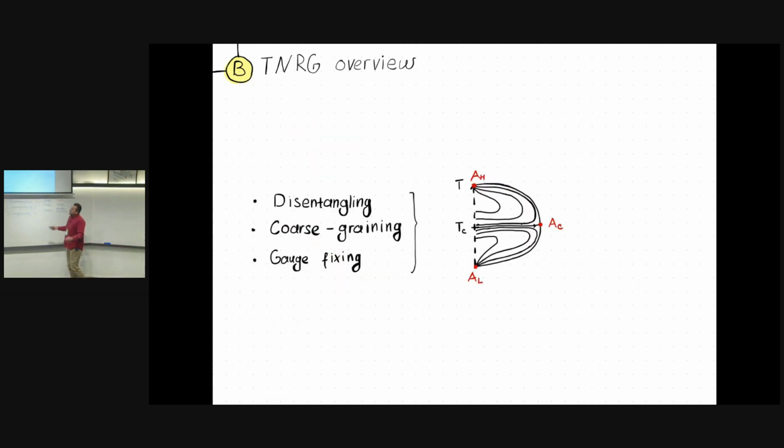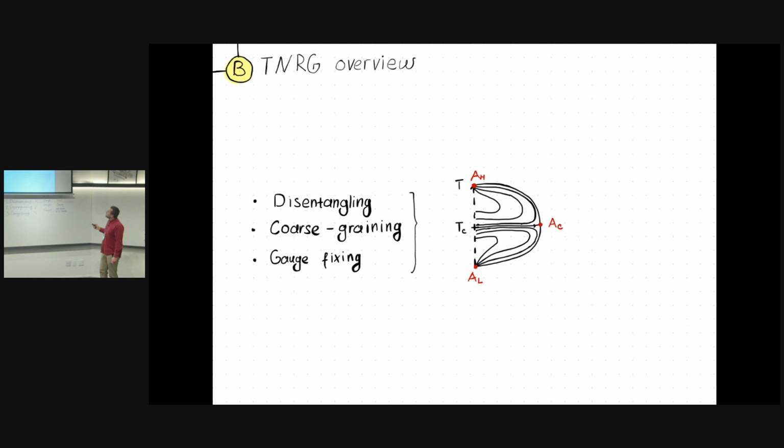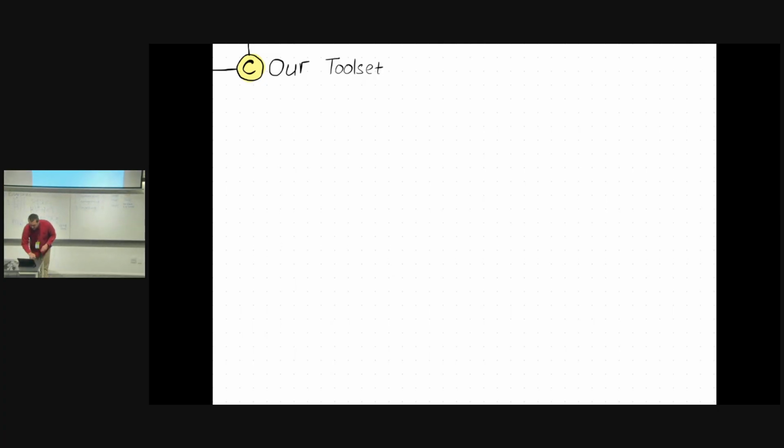But if you add disentangling and gauge fixing, all these problems disappear. But as I said, we don't have a lot of time to discuss disentangling. This is just RG step. Good. Okay. This was a crash course. I hope at least now you may imagine what is going on during RG.